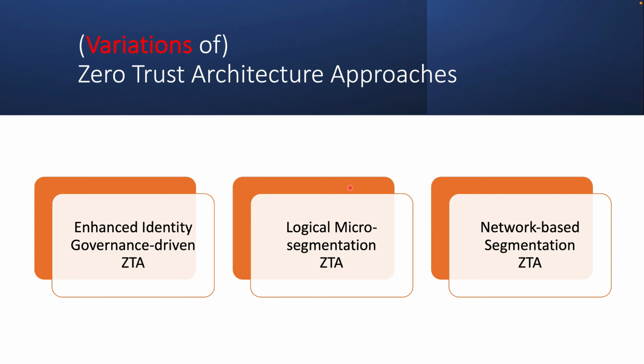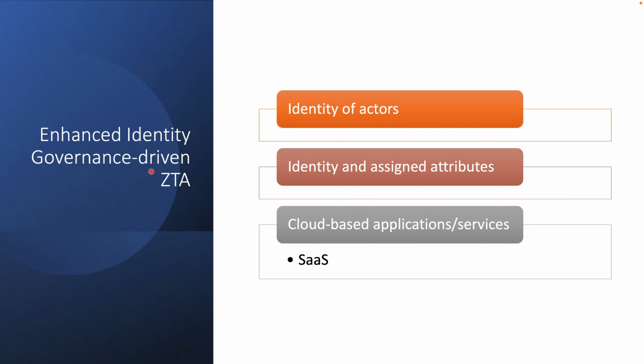Now let's check these three approaches that can be used to build a Zero Trust architecture, using these logical components we just mentioned. The first one is the enhanced identity governance driven Zero Trust architecture. This approach to developing a Zero Trust architecture uses the identity of actors as a key component of policy creation. For this approach, enterprise resource access policies are based on identities and assigned attributes.